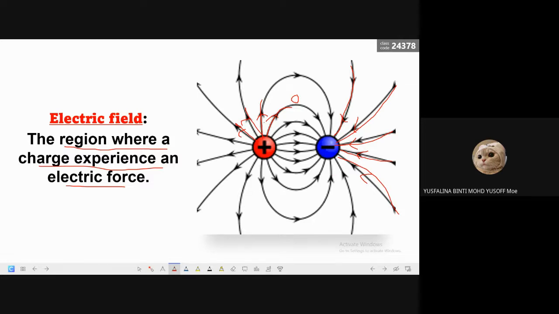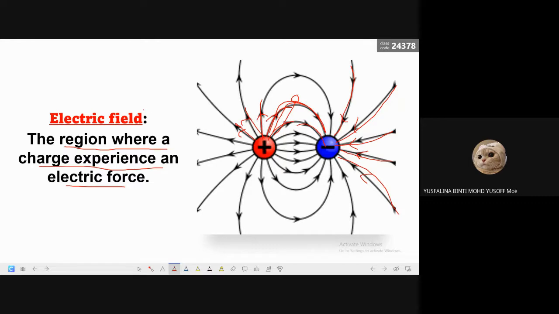The field lines do not cross each other. The field goes from positive to negative because different charges attract each other. So you can see the positive goes out while the negative goes in.